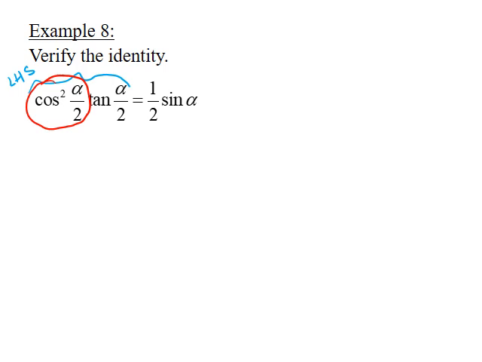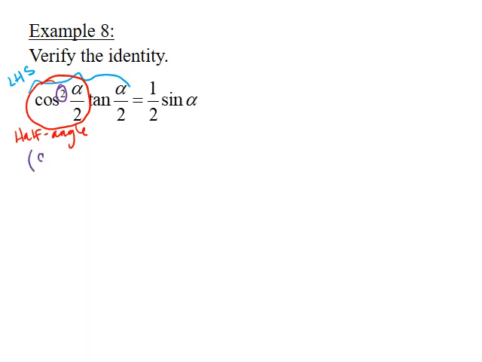First, I started with a power reducing formula and it didn't really get me to where I wanted. So then I tried half angle and that worked. So I'm going to apply a half angle formula to this.